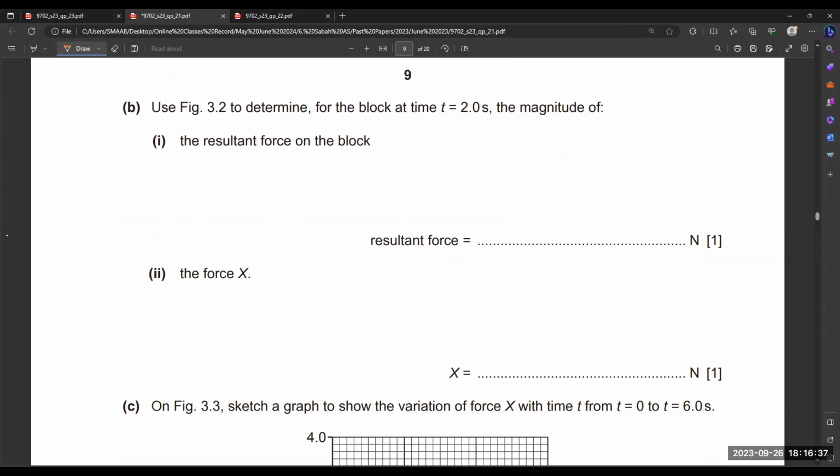In this part, use figure 3.2 to determine, for the block at time equals 2 seconds, the magnitude of the resultant force. So we know force is equal to... can you go up? Basically, you have to find the resultant force at time t equals 2 seconds.